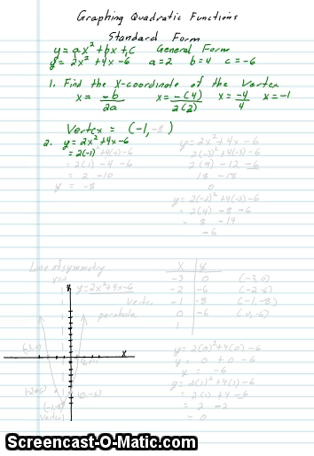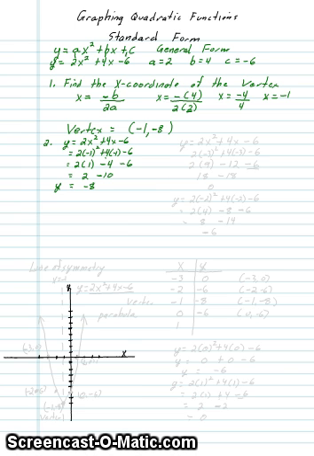So I have 2 times negative 1 squared, plus 4 times negative 1, minus 6. Negative 1 squared is positive 1. 4 times negative 1 is negative 4 minus 6. So that's 2 minus 4 minus 6, which is minus 8. So the y-coordinate of our vertex is negative 8.